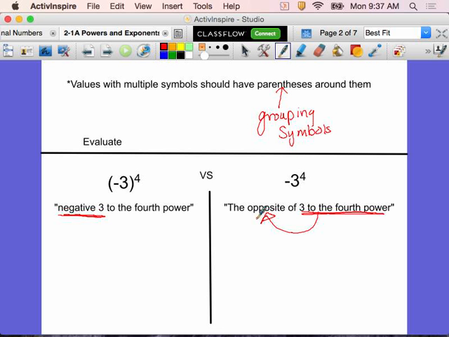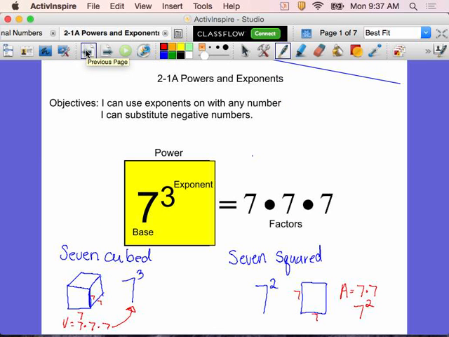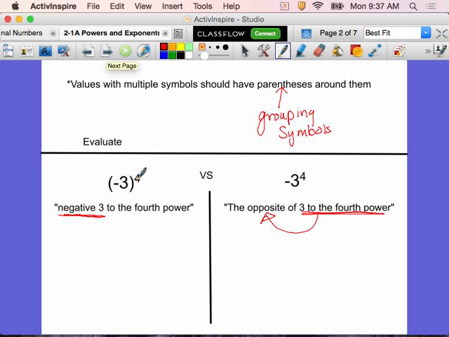And then if you look at your base, if you really think about what a base is, on the last slide, the base is whatever is touching the exponent and nothing else. For example, the 4 is touching the grouping symbol, so the 4 is acting on the group.